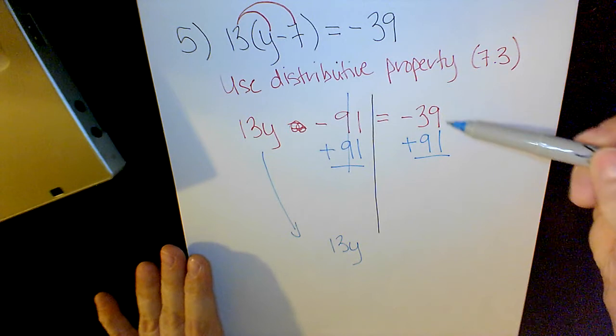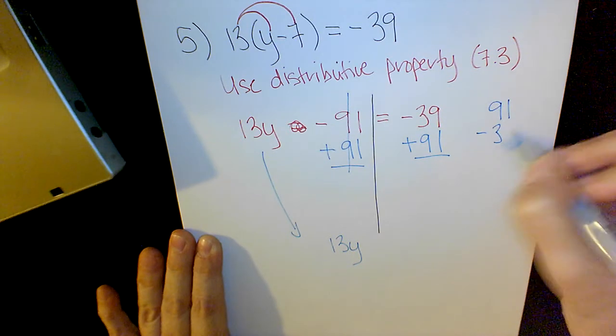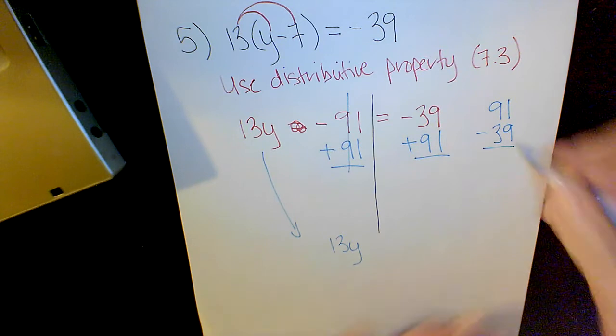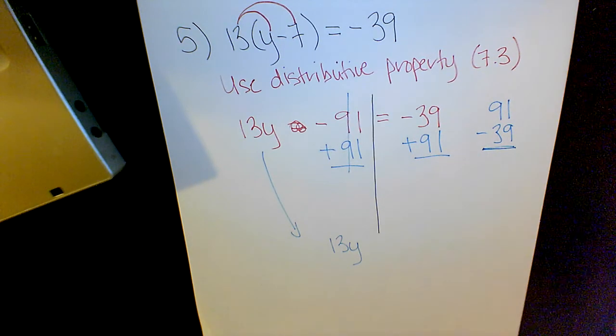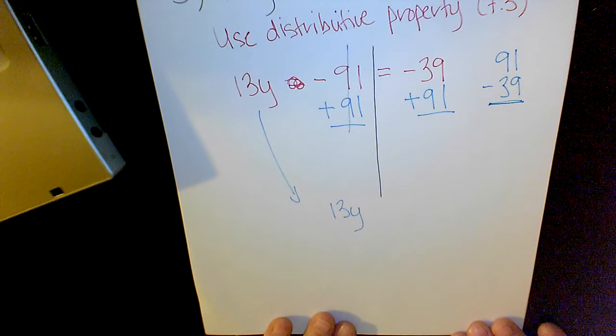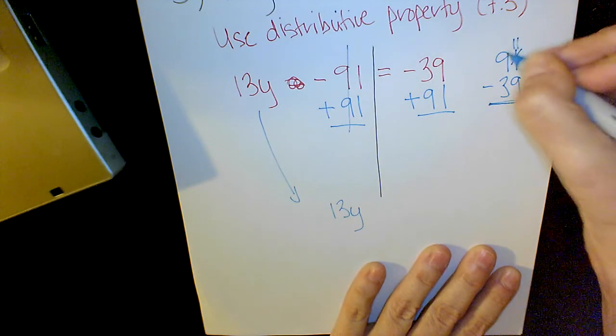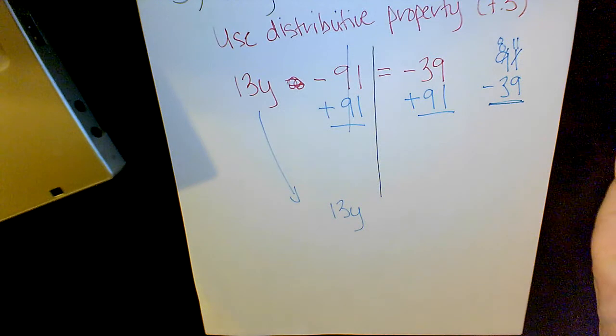Okay, and I've got a -39 and a +91, so whenever I have a positive and a negative, I want to subtract. So 91 minus 39, I'm going to borrow.